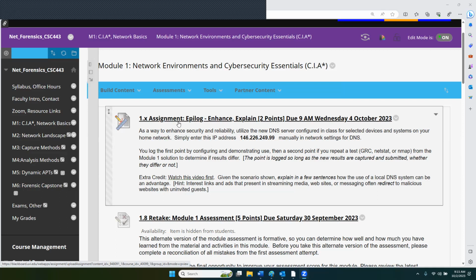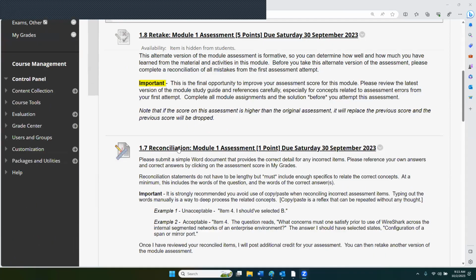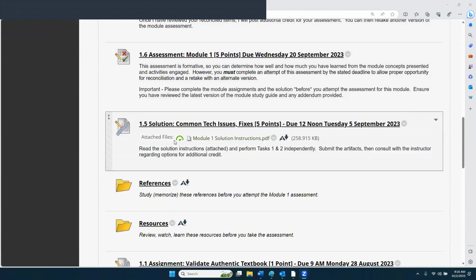This is sort of like an aftermath. It's a view of the aftermath, right? And you had a solution, and we set up the solution so that you could perform a series of tasks in your home network environment with the intent that we would review results, and you'd have an opportunity to rework after some changes.